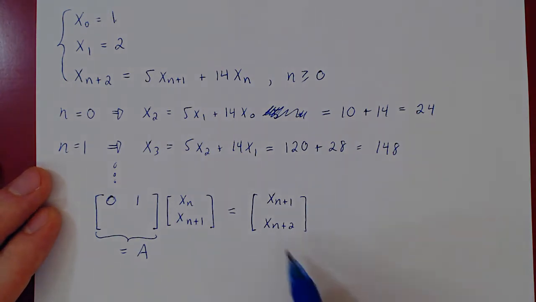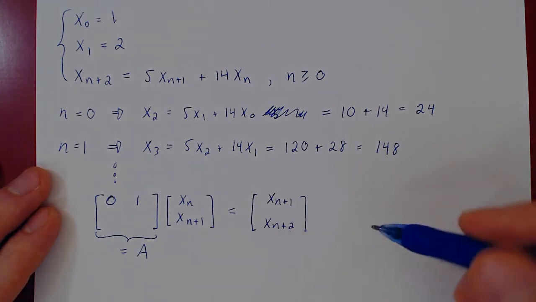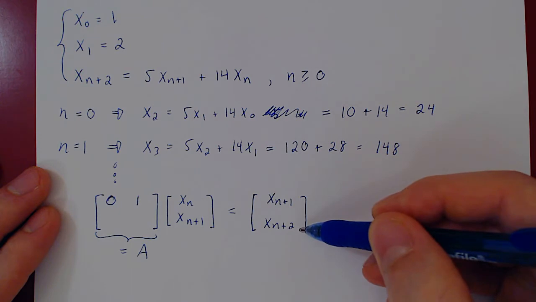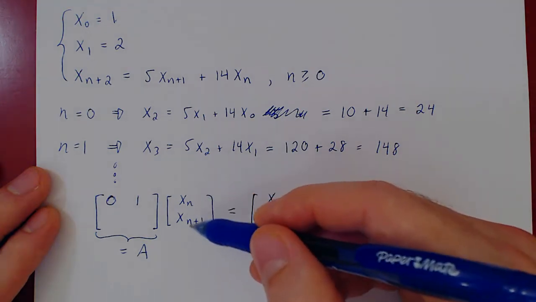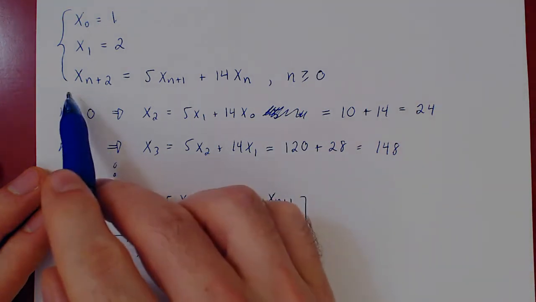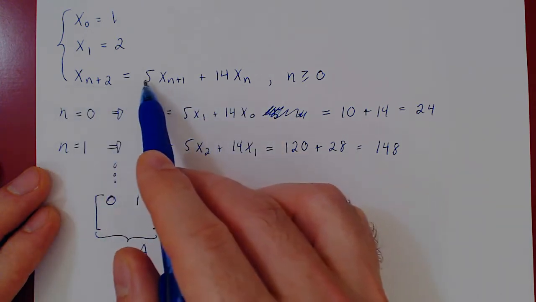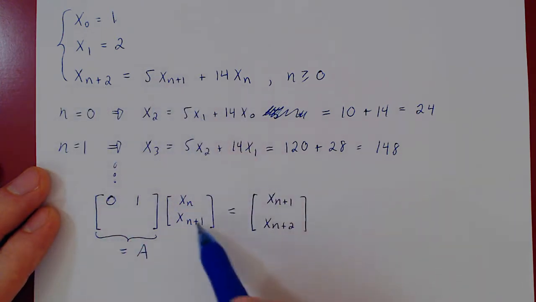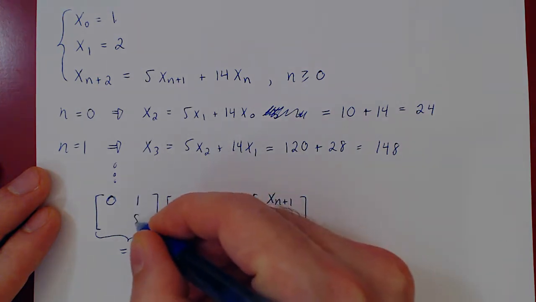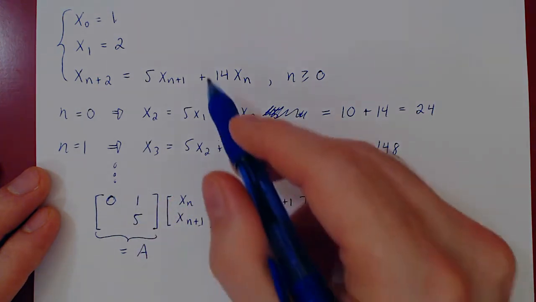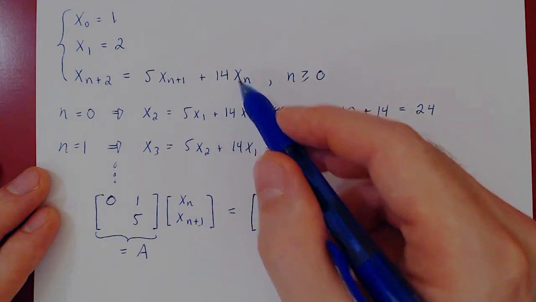And now you see the next term is xn plus 2. So you have to build xn plus 2 from xn and xn plus 1. But look at the recursion. Xn plus 2 is 5 times xn plus 1 plus 14 times xn.